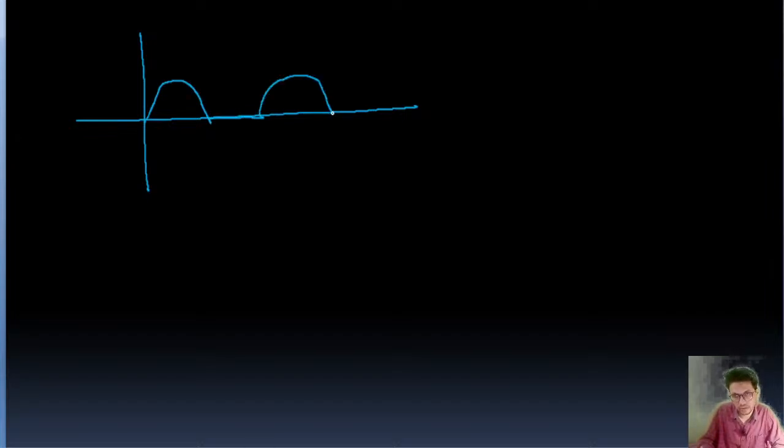So the direct current is going to be like this. Graphically we can represent it like this. This is 0 to pi, 2 pi, this is 3 pi, 4 pi, and this is 5 pi.